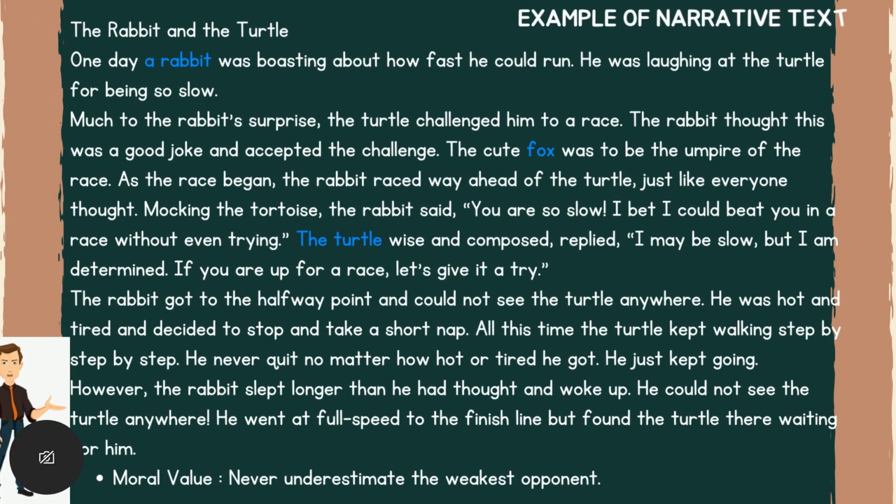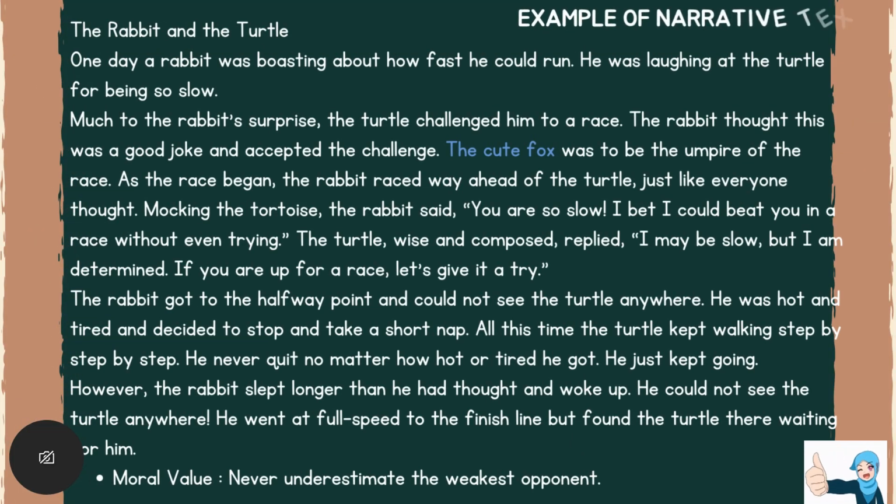And then next we can see the use of specific characters, not general ones, in the first paragraph in the word a rabbit, and the second paragraph in the words fox and the turtle. Next, using noun phrases. We can see from the second paragraph the words the cute fox.